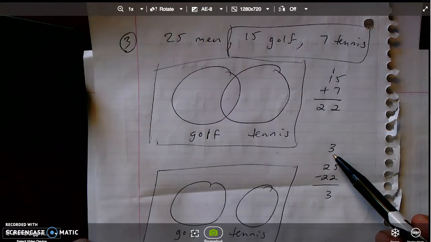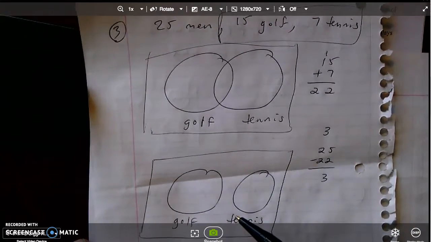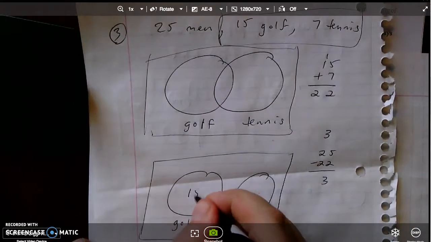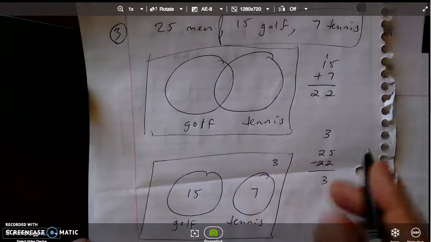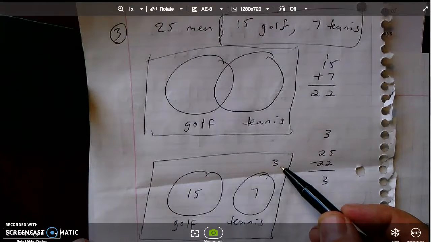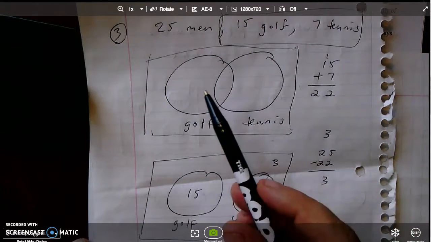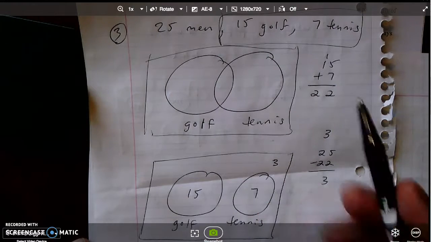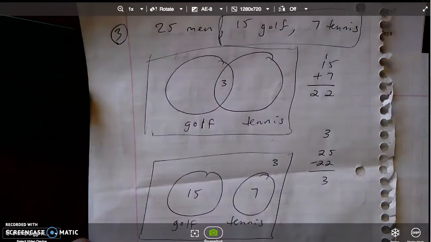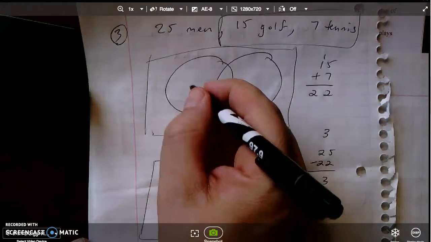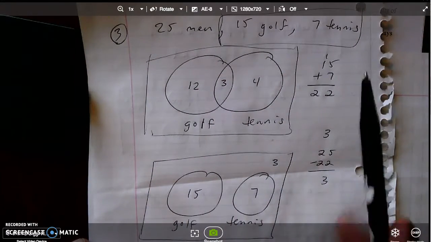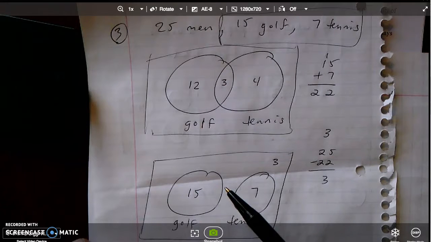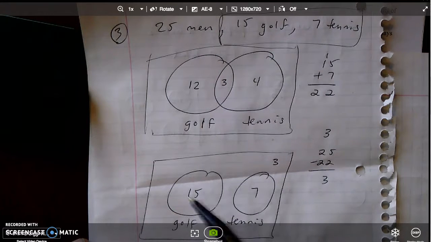It could be that they are mutually exclusive, and then I've got 15 that play golf, 7 that play tennis, and 3 that don't play either, who would be out here. Or I could have 3 that play golf and tennis, and then I would have 12 here and 4 here. But there's no way from the information here to know what the situation is.